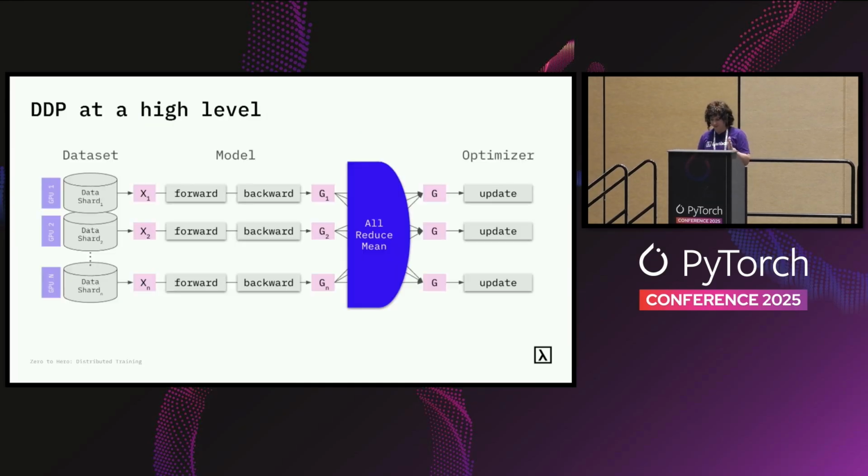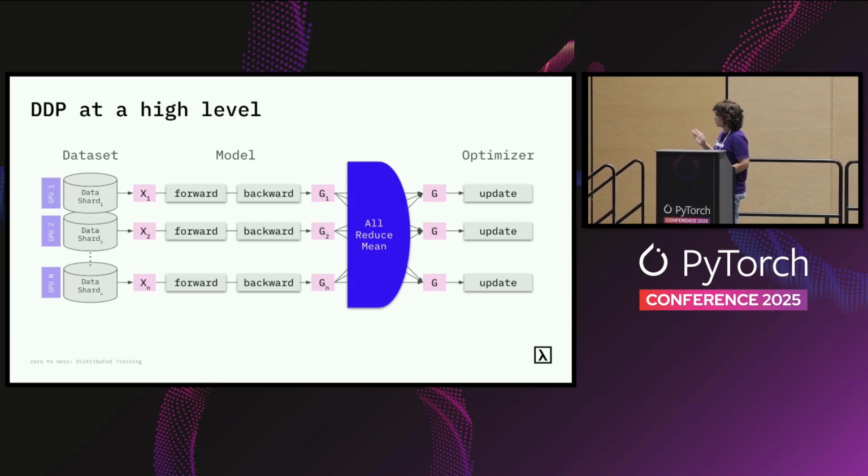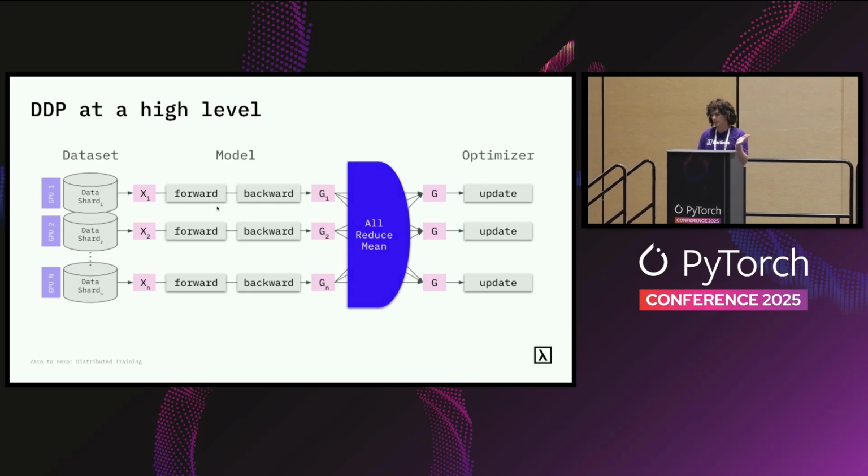So I'm going to go left to right on this diagram. First, with pretty much any distributed training, you split your data set across all of your GPUs. With DDP, we have a full copy of our model on every single GPU, which is very expensive, but it means you can just run the forward and backward pass completely as normal. After the backward pass, we have different sets of gradients on every GPU because we have different input data.